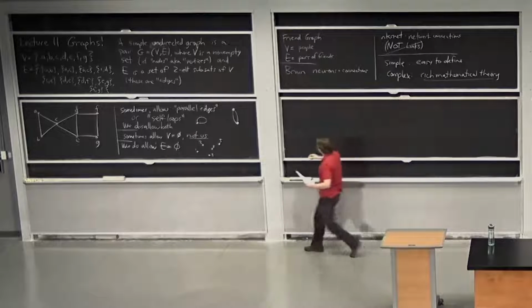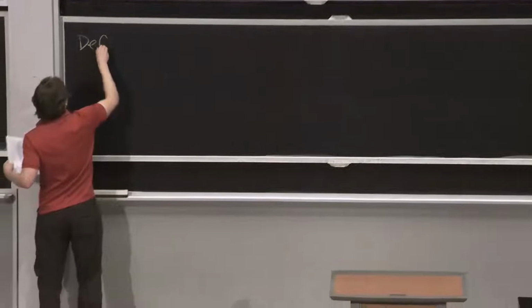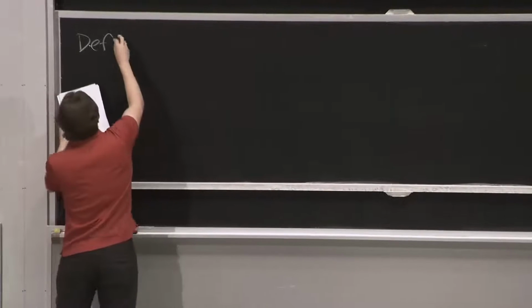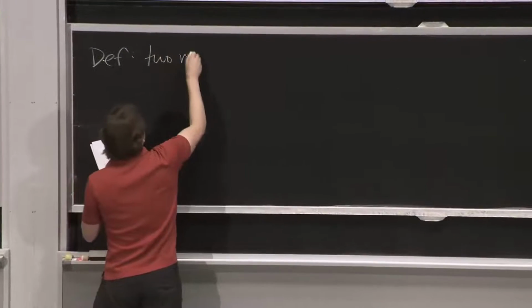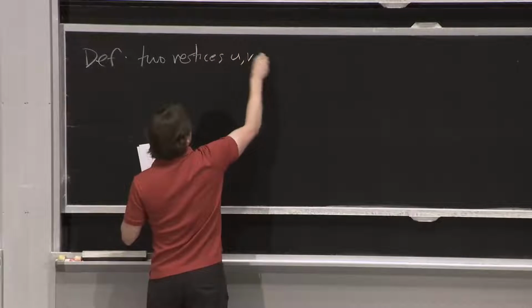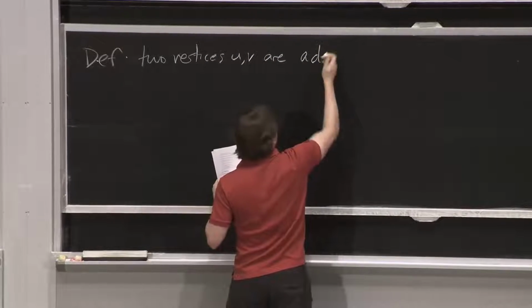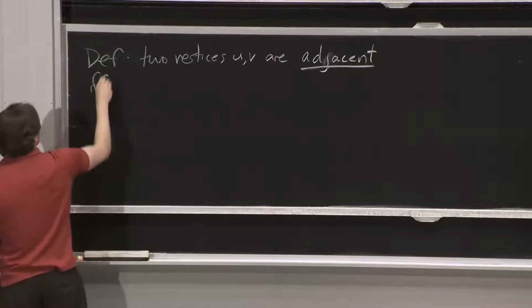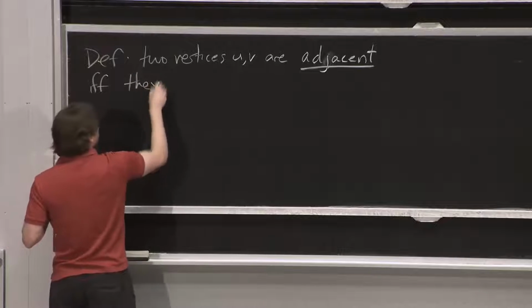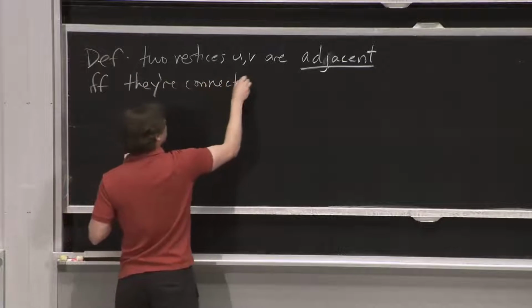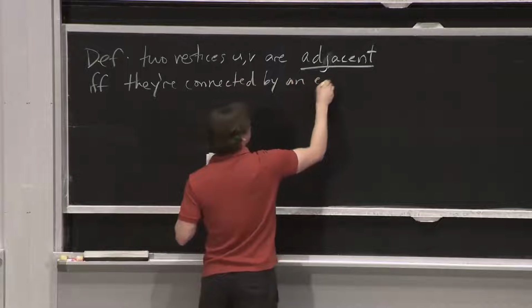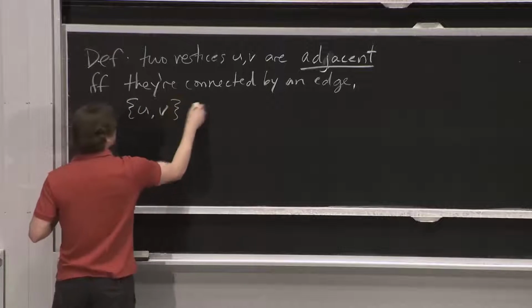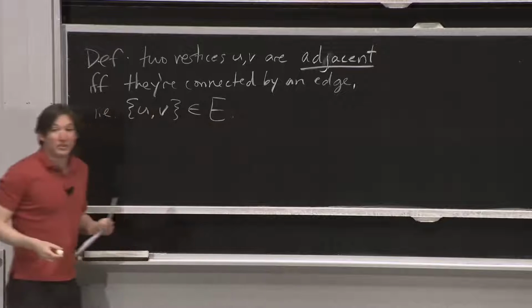So the next definition is adjacency. Two vertices u and v are adjacent if and only if they're connected by an edge, i.e. uv is one of our edges.